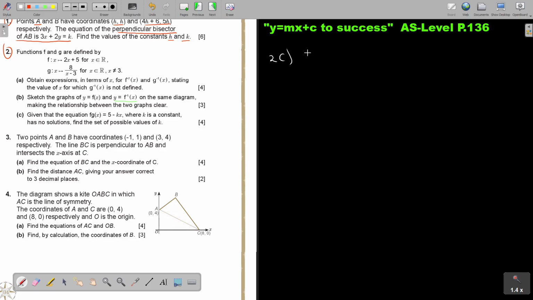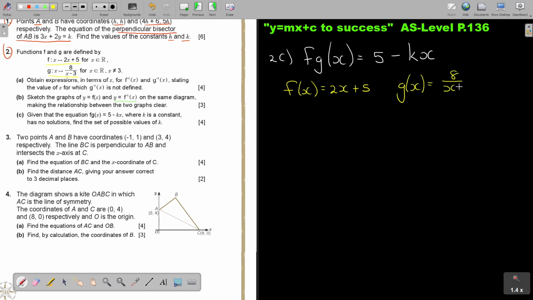Now, if g(x) equals 5 minus kx. Okay, let me write my originals. First, let's write f(x) equals 2x plus 5, and g(x) equals 8 over x minus 3.